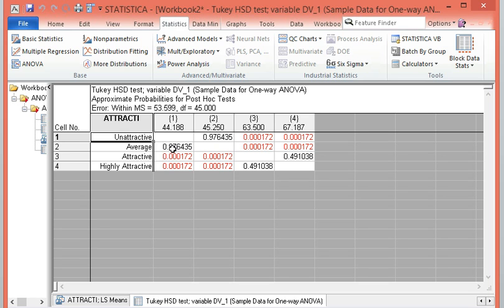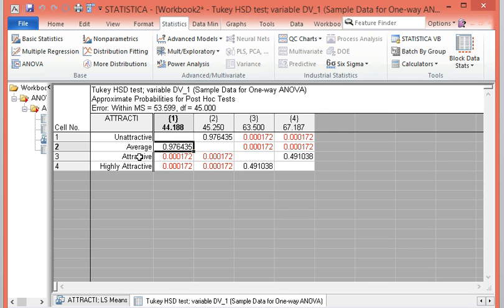So let's try to look. These rows, by the way, represent the levels as well. So unattractive, average, attractive, and highly attractive. So if we compare the means of average and unattractive, we can see that there is no significant difference in their means.